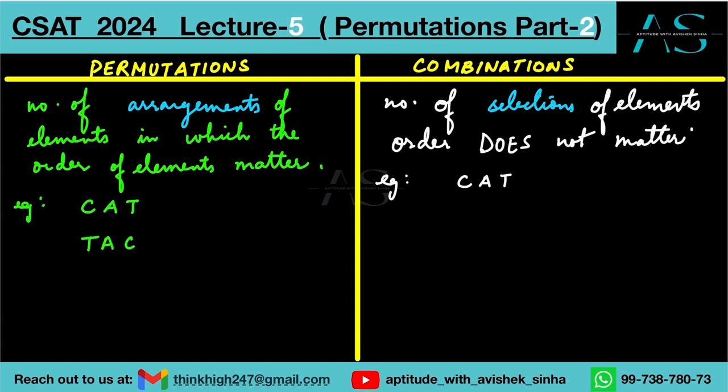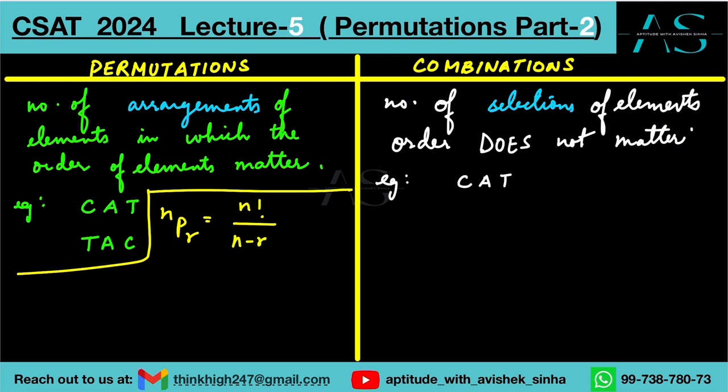Now, I'll explain the formula and then I'll come back to the combination. When we talk about this, we have the basic formula as NPR. And how do we break NPR? We write it as n factorial upon n minus r whole factorial. The formula for combination stands as NCR.